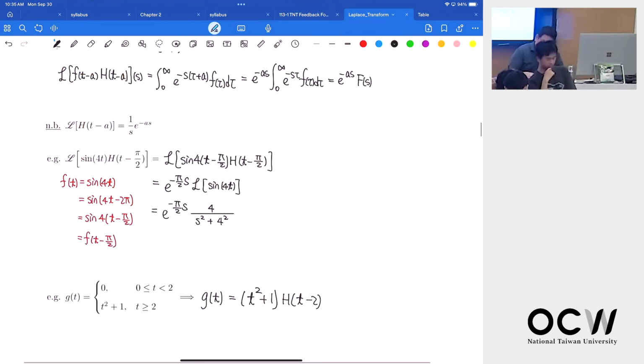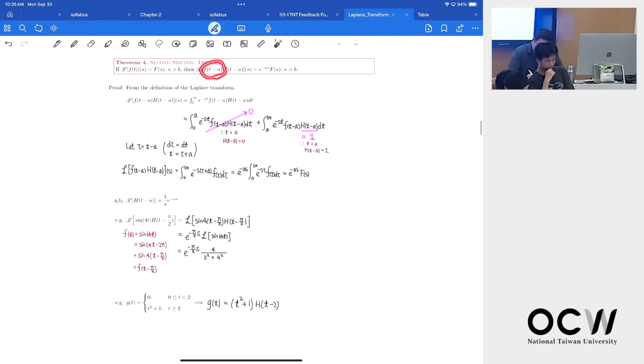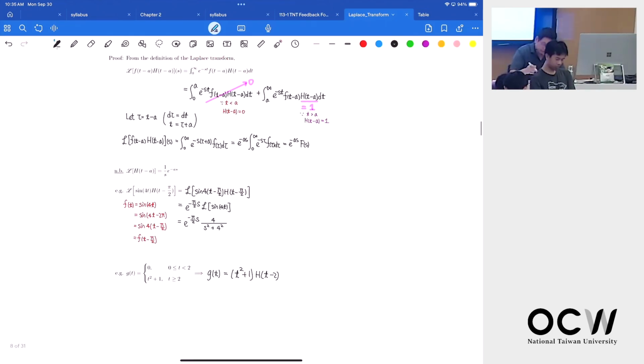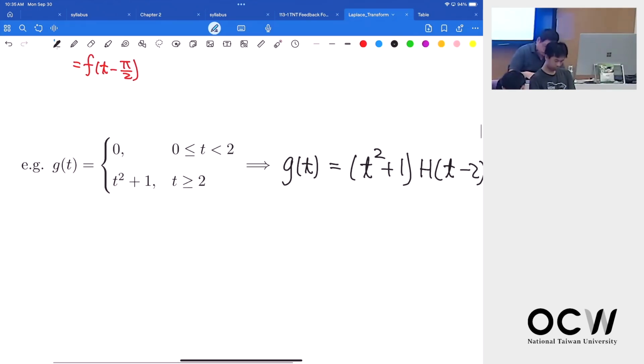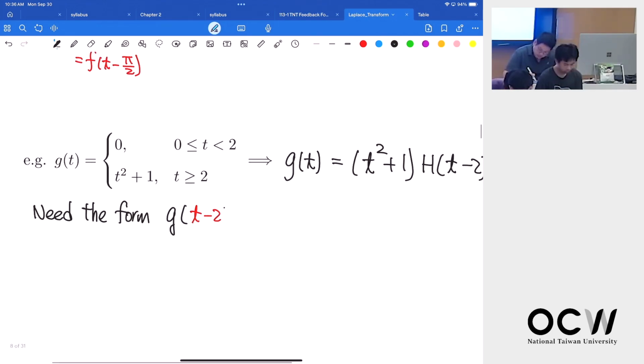And now I want to make a form of a shifted function times the shifted Heaviside function, if I want to find this Laplace transform. So now I need the form of g of t minus 2 times this shifted Heaviside function.